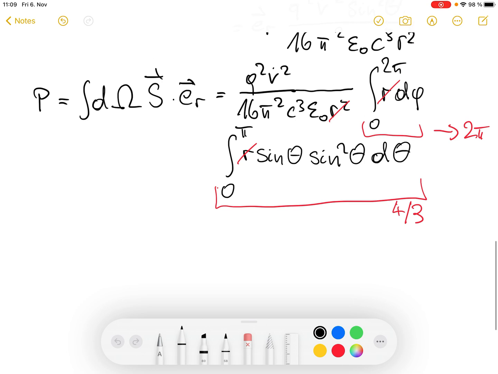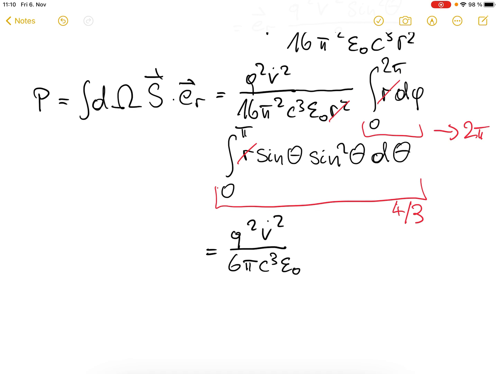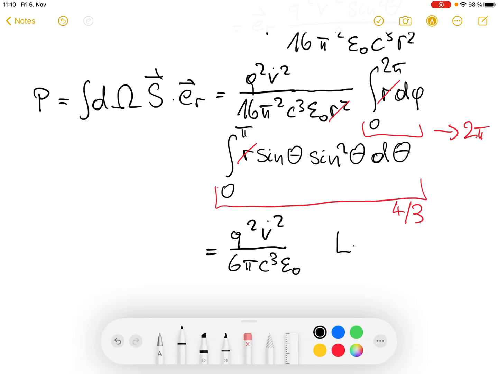So we multiply all the factors, and we obtain q squared times v dot squared divided by 6 pi epsilon 0. Okay, this is the famous Larmor equation.